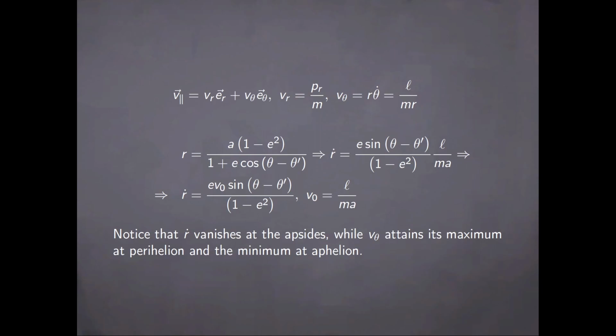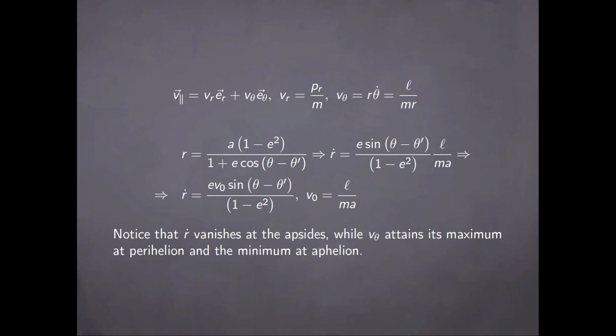Now, the velocity on the ellipse can be resolved into components, namely the radial and angular velocity. And the radial velocity is simply the radial momentum divided by the mass, and the angular velocity is the angular momentum divided by the product between the mass and radius.